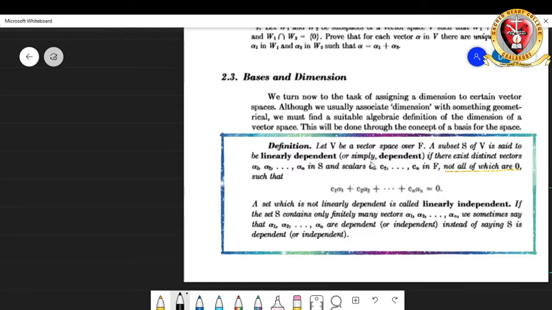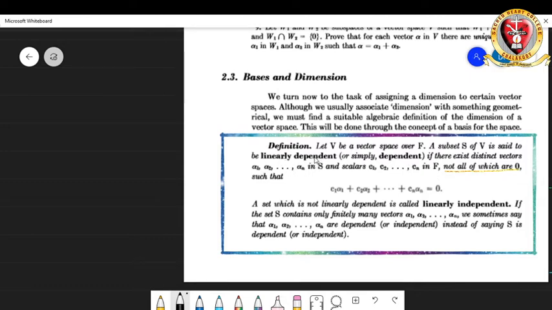So for a subset S of V to be linearly dependent, what do we need? We need distinct vectors inside S and scalars from F which are not all 0, such that their linear combination is equal to 0.